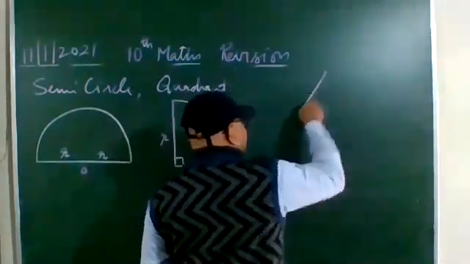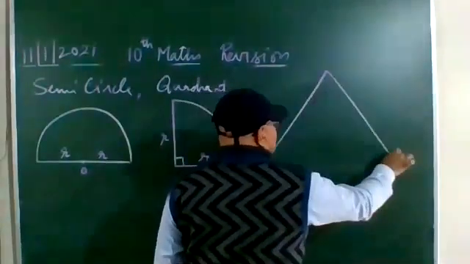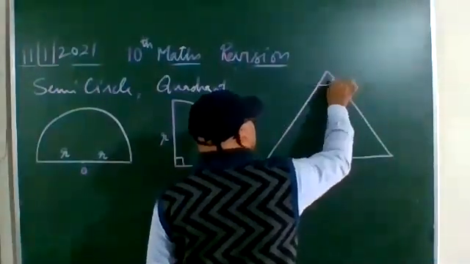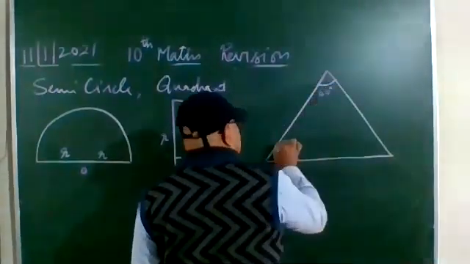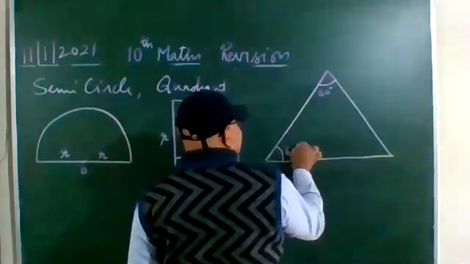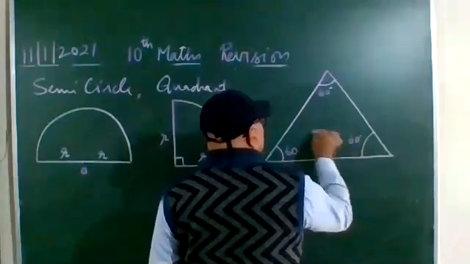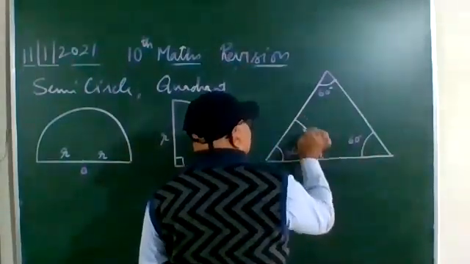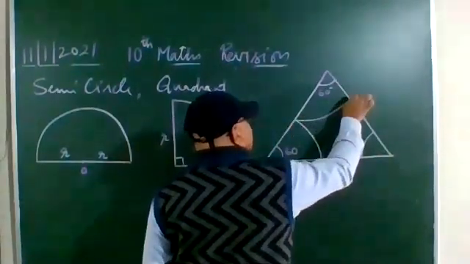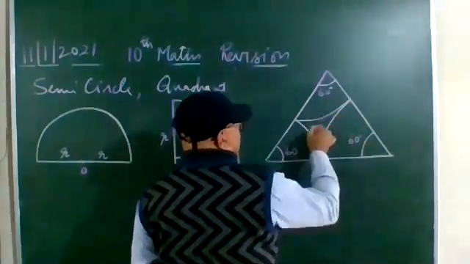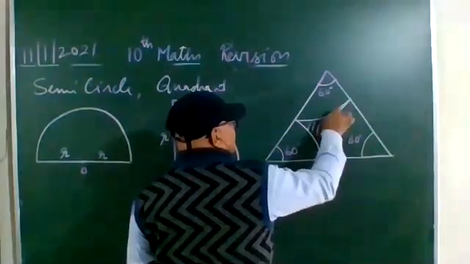Equilateral triangle. When we talk about equilateral triangle, you know that each angle is 60 degrees. This is 60 degrees. So you can find out the shaded region of this.